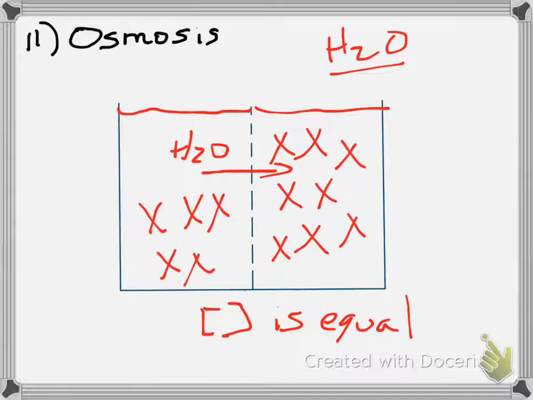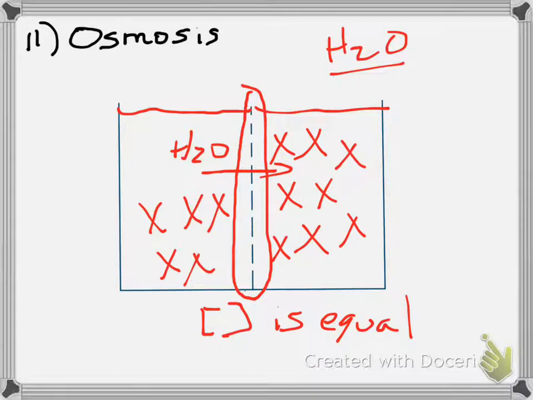And so it achieves equilibrium by shifting water, because this membrane in the middle is impermeable, or it's not permeable to the X molecule. So the X molecules cannot move across, whereas in diffusion they could.